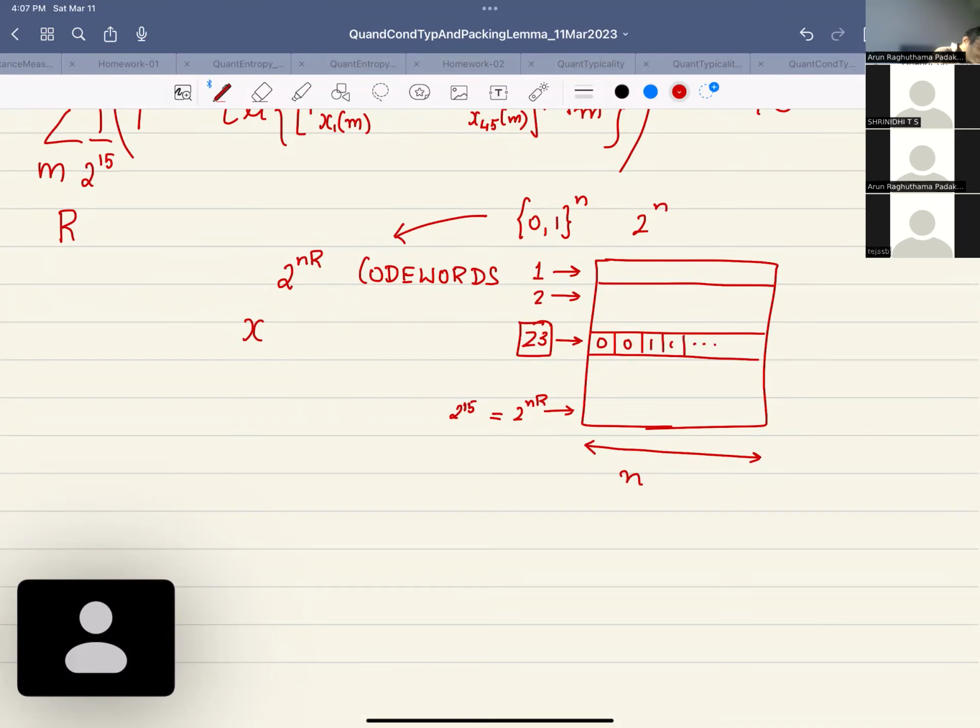Do you agree? Yes, sir. Even though you said R is 1/3, so in 3 seconds we get 1 bit, but the machine will be producing the qubit, the density operator rho x, every second. Correct. That's a good question.